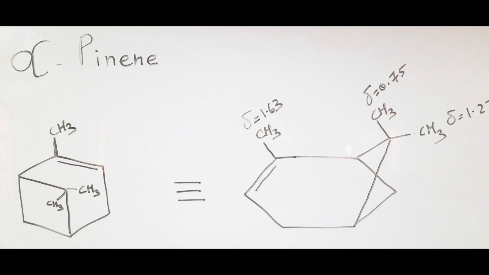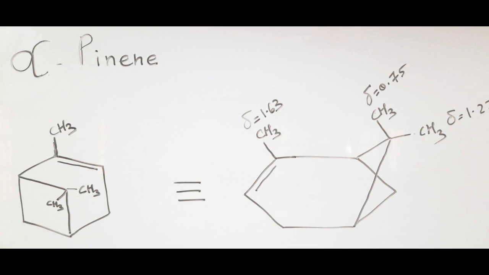Look at the two methyl groups which are far away from the carbon-carbon double bond. I have shown the tilted structure of alpha pinene. We have two methyl groups attached to the same carbon. The two methyl groups are structurally in the same environment. So, they should produce equal chemical shift values.